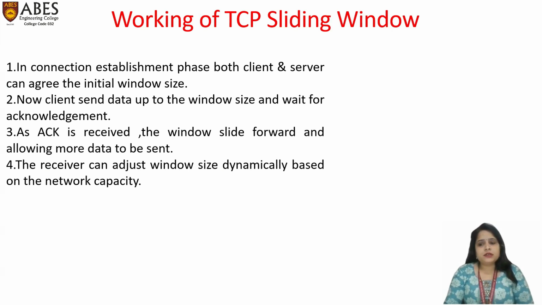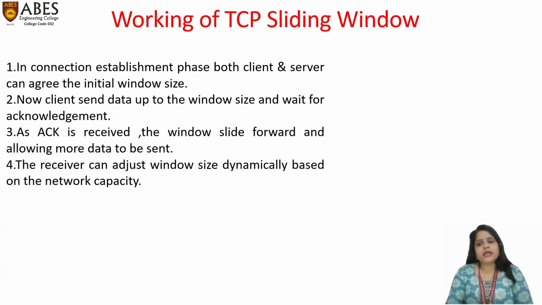So if the client wants to send some information to the receiver, or the receiver also wants to send some information to the client, first the client and server establish the connection. In the connection establishment steps, first the client sends a SYN packet or SYN segment to the server. When the client sends the SYN packet, it also sends its window size to inform the server of the maximum capacity to store or receive segments.